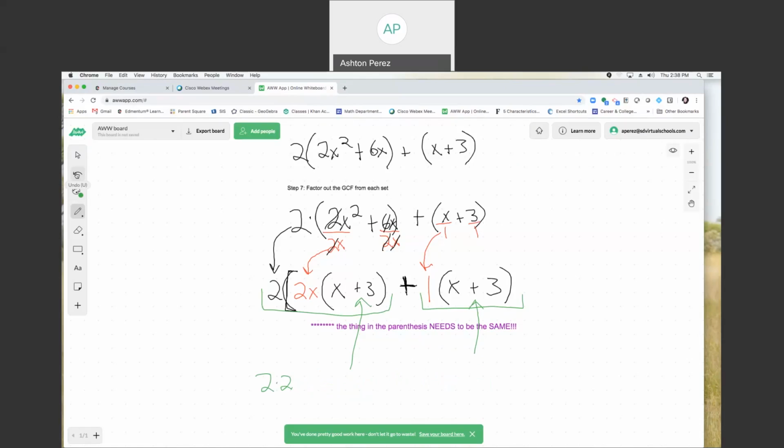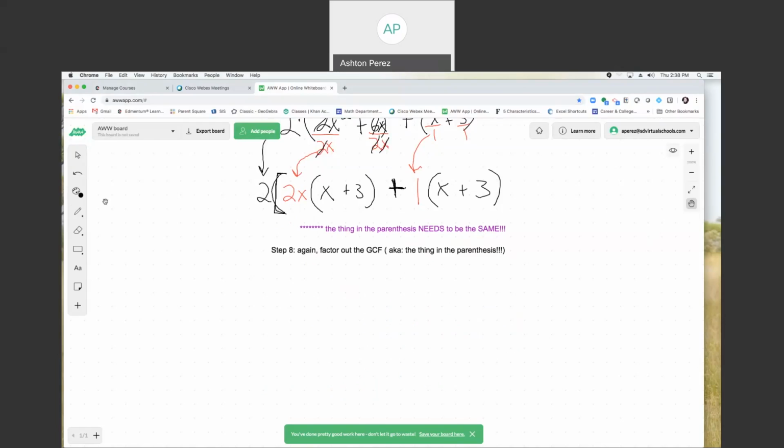Okay, and if not, just know the thing in the parentheses is the GCF for step 8, and we are going to be pulling that out. And I'll actually write that for you. Okay, oops, not purple. Okay, step 8, again, factor out the GCF, aka the thing in the parentheses. So again, I'm going to rewrite what I already have before I start working on it. So right now, what I had from the last step is the 2, the lonely 2 that hasn't done anything since we pulled it out in step 2.